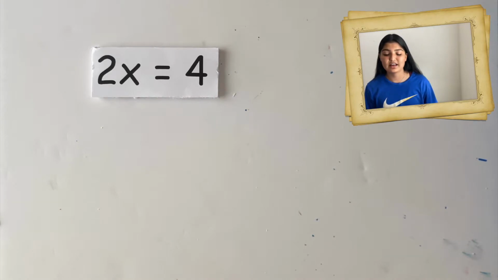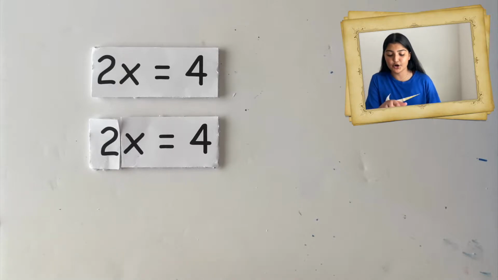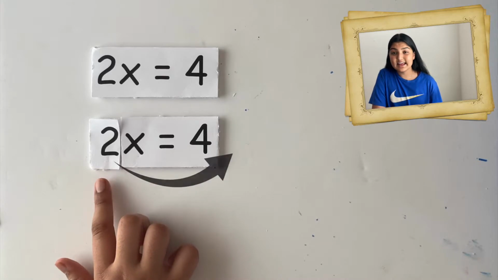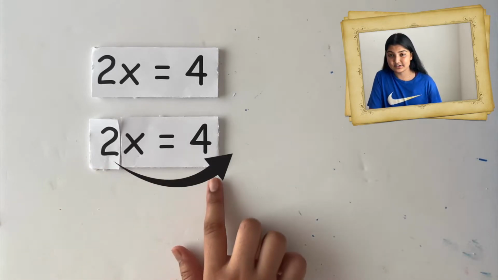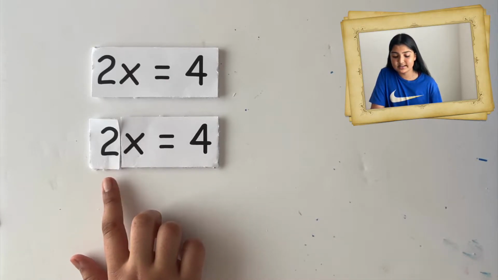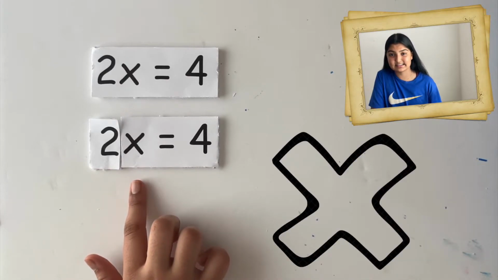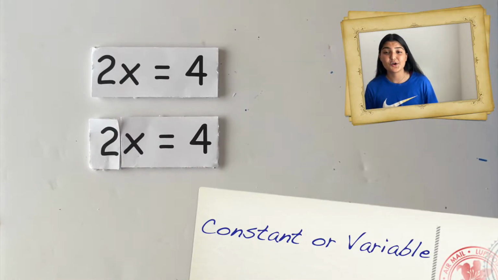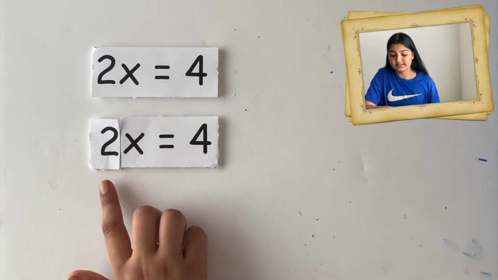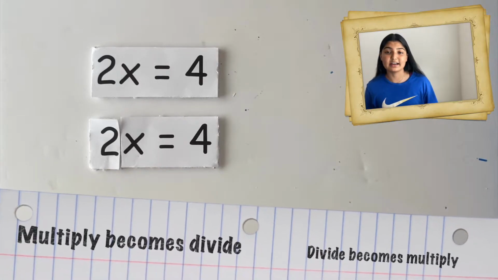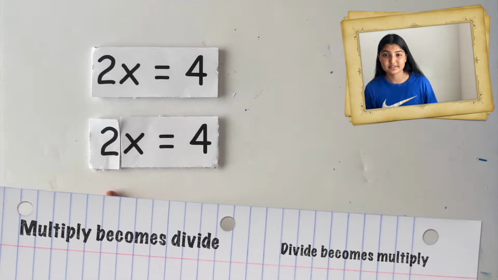So let's start by writing this equation again. In order to keep x alone on one side of the equation, let's take 2 to the other side. Notice that 2 is multiplied with x. And anytime we take a constant or a variable to the other side of the equal sign, the sign becomes the opposite.